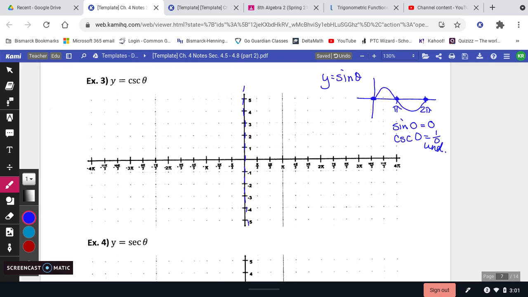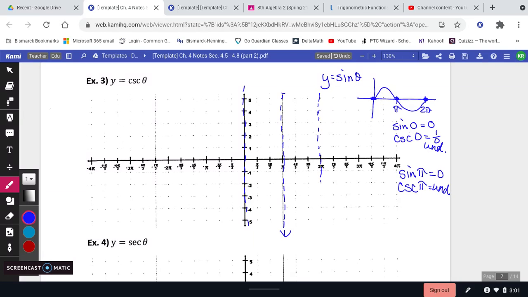Well, sine of pi is also 0, so the same thing's going to happen there. Cosecant of pi, what's the reciprocal of 0? There isn't one. It's undefined. So cosecant is going to have a vertical asymptote at pi. Same thing's going to happen at 2 pi.